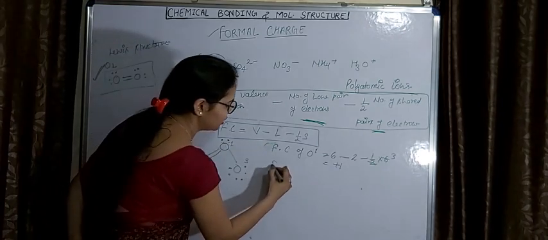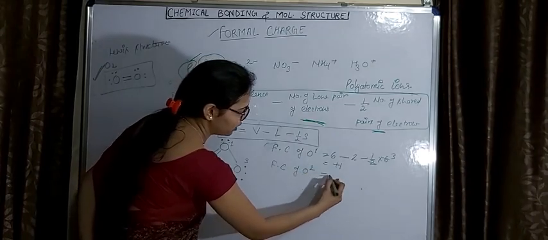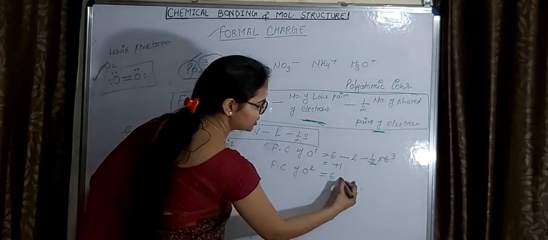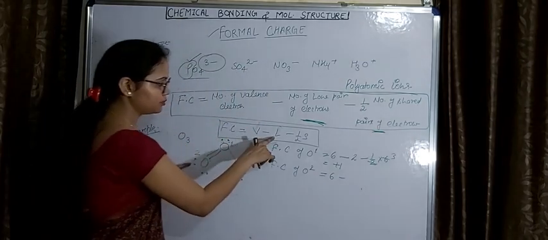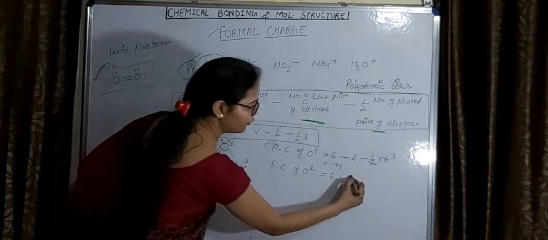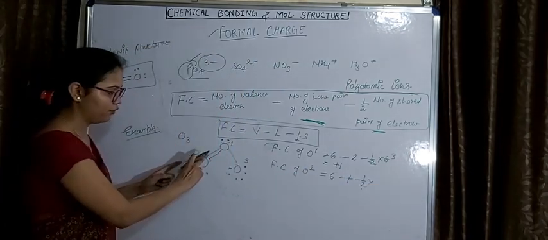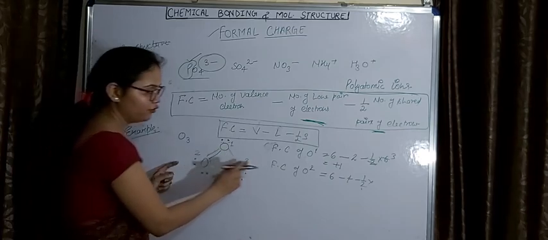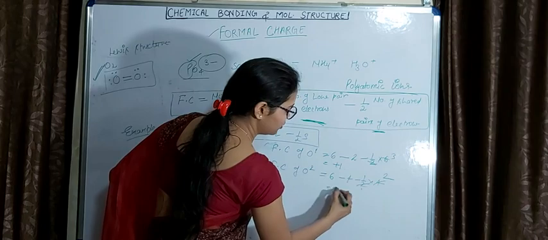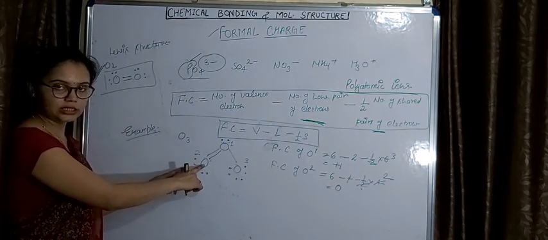Now let's calculate the formal charge of O2. Again the valence electrons will be the same, 6, minus lone pair of electrons 1 2 3 4, 4, minus 1 upon 2 into bond pair 1 2 3 4, again 4, so 0. So the formal charge for O2 is 0.